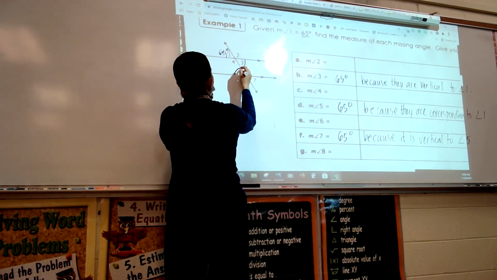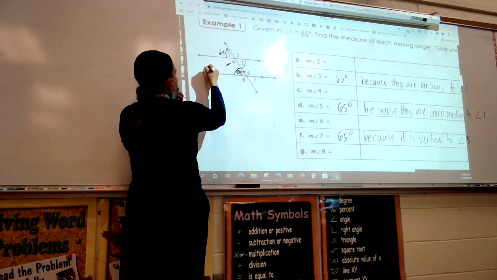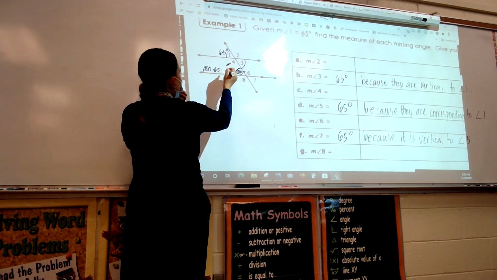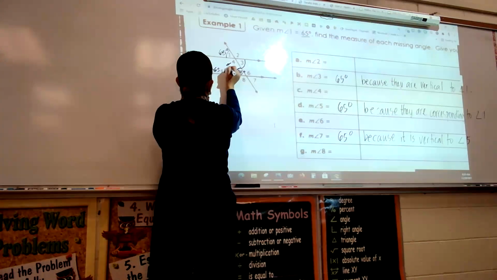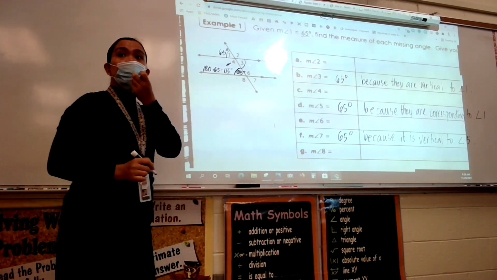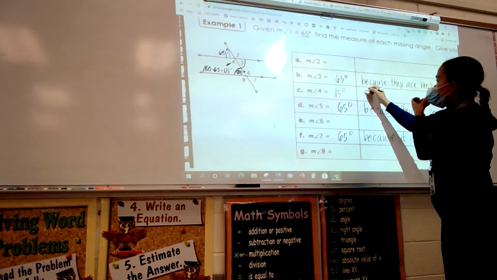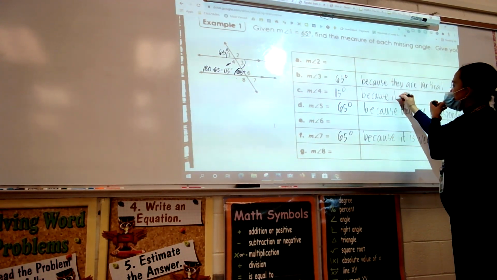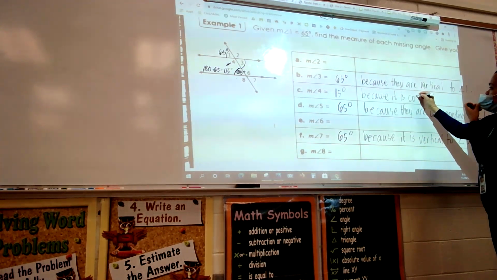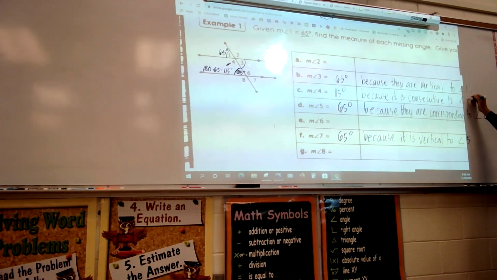So, if angle 5 is 65, what do you think is the measure of angle 4? 115. Okay. So, angle 4 is 115 because it is consecutive to angle 5. There you go.